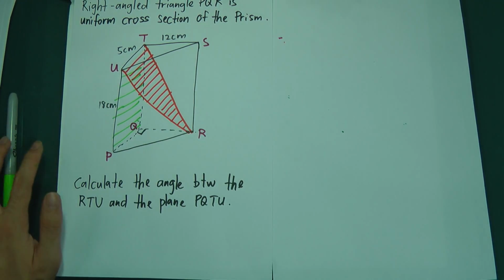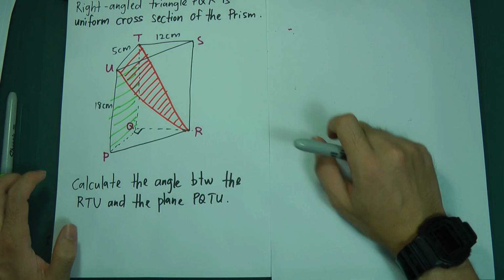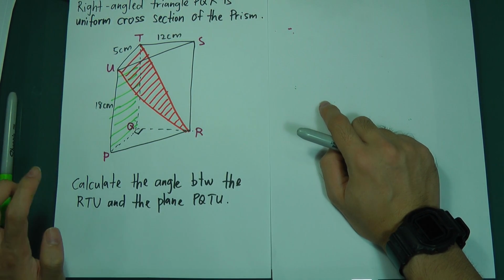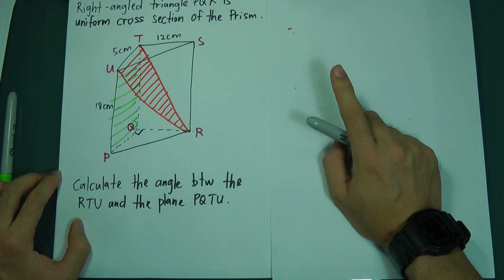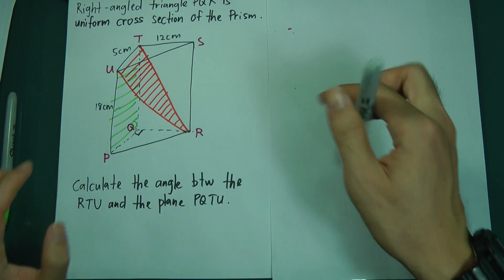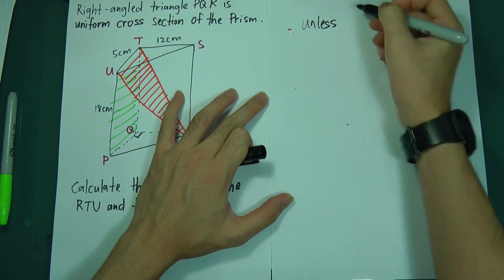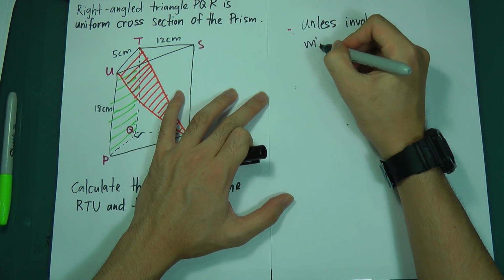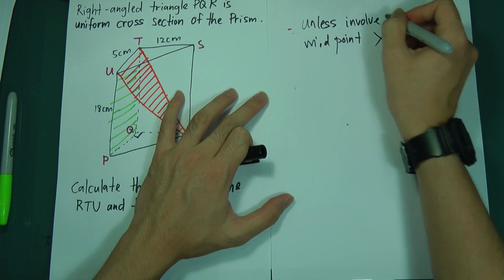Okay? For this one, you got a formula. This formula can be used in most of the cases for two planes, unless the plane involves a midpoint, then you cannot use this formula.